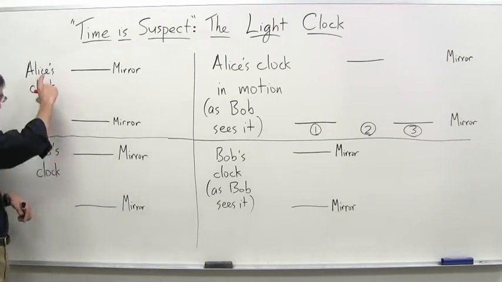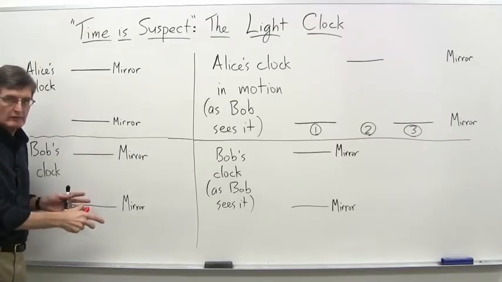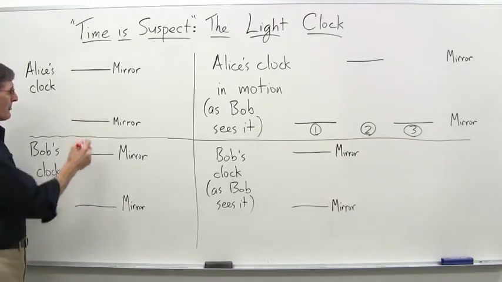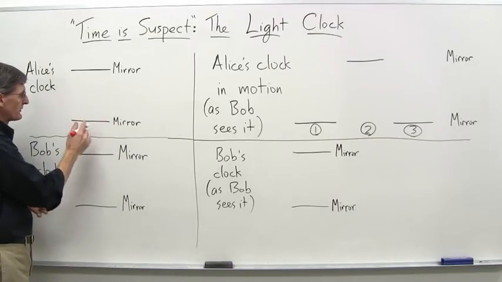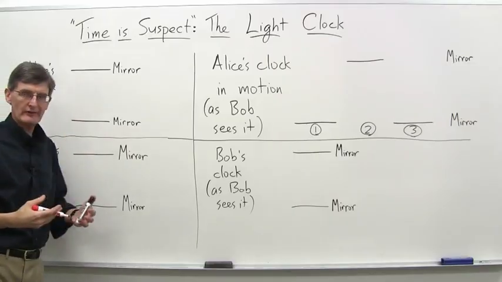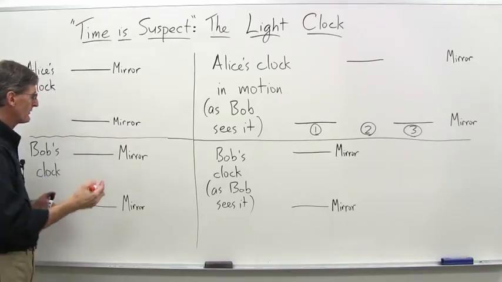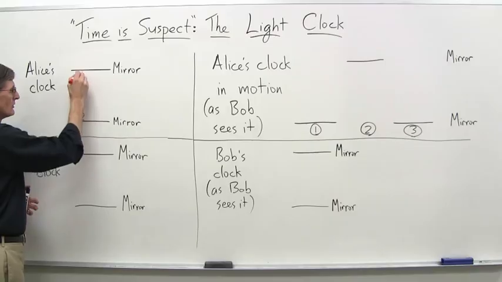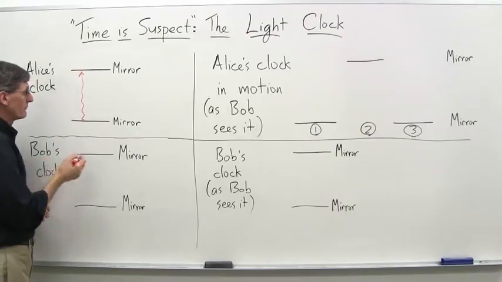Let's look at, we've got two clocks here, Alice and Bob, both identical. Let's see what the idea here is of this light clock. So two mirrors set up, and we won't go into all the details of how we might actually implement this, but the basic idea is we have a light beam that travels up. We insert that.